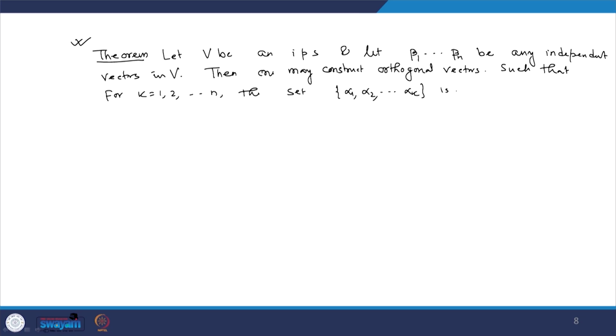Let V be an inner product space and let beta 1, beta 2, up to beta n be any independent vectors in V. Then one may construct orthogonal vectors such that for k equal to 1 to n, the set alpha 1, alpha 2, up to alpha k is a basis for the subspace spanned by beta 1, beta 2, up to beta k.